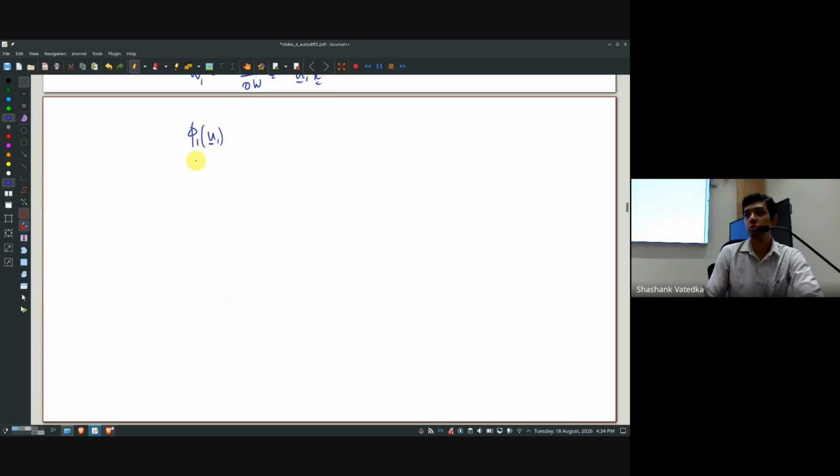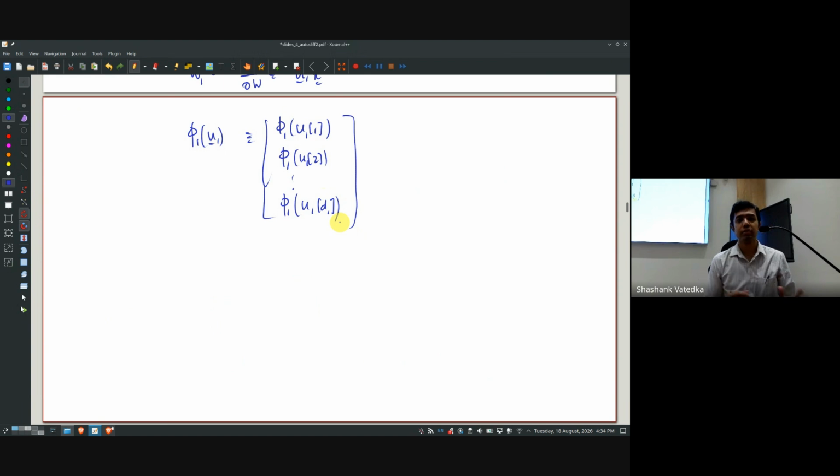So phi1 of U1 is also a vector, and this is equal to phi1 of U1 1, phi1 of U1 2 up to phi1 of U1 D. It's slightly abuse of notation because I'm using this phi1 and this phi1 to represent the same thing, but I could have called this something different, but it just complicates notation.